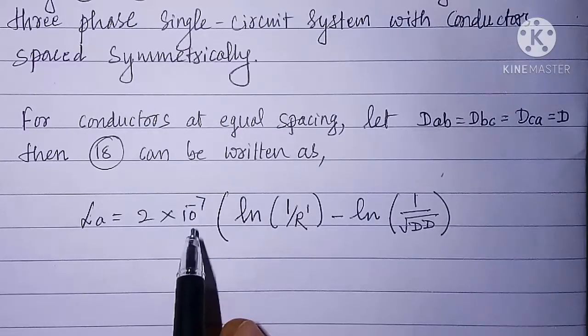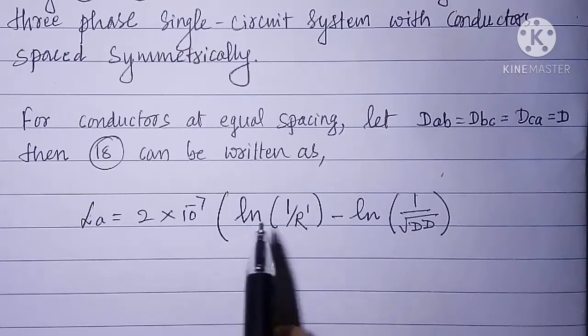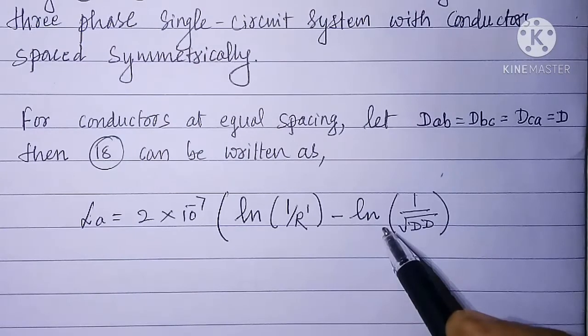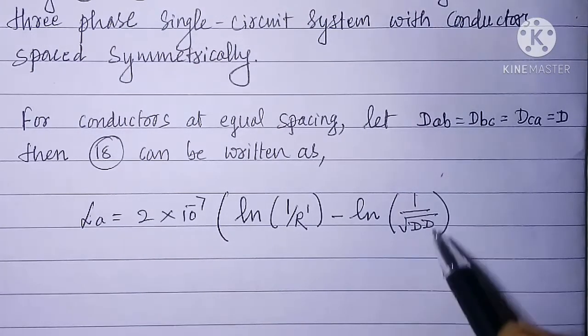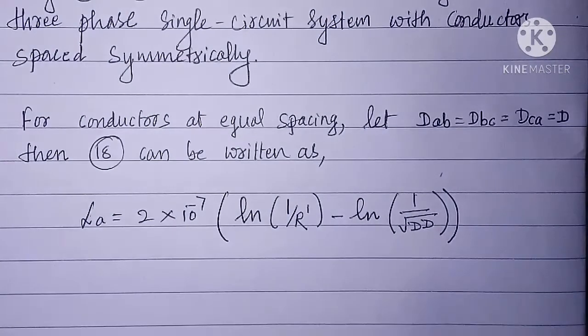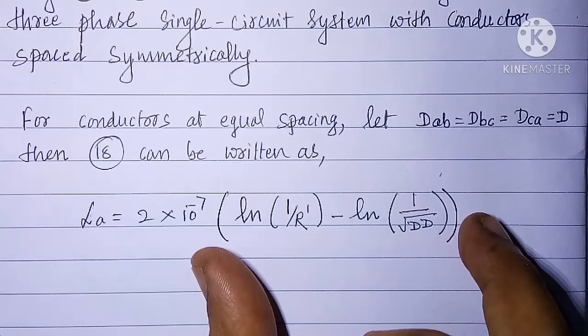LA is equal to 2 into 10 raised to minus 7 into the bracket ln of 1 by r dash minus ln of 1 upon under root d into d. Here we don't have any imaginary terms because the mutual inductances will cancel each other.